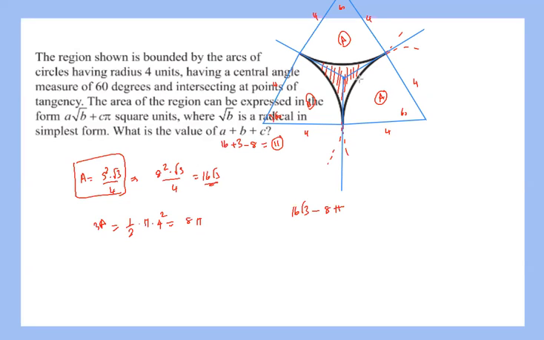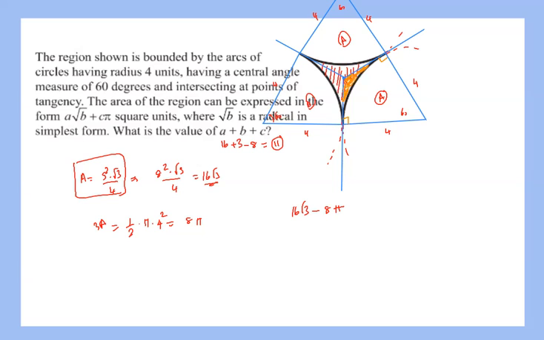Then find the area of this region, and let me shade it a different color. This is going to be multiplied by 3 because you have the same thing on the other sides as well. Because this is a perpendicular and this is a perpendicular, if you connect these two, you will get a right triangle and a sector with a 30 degree central angle. You can go from there as well, but I'm going to leave that for you to explore.